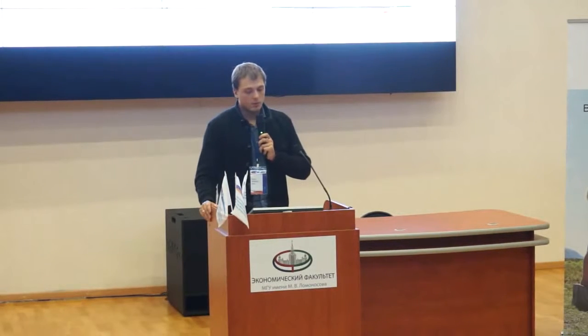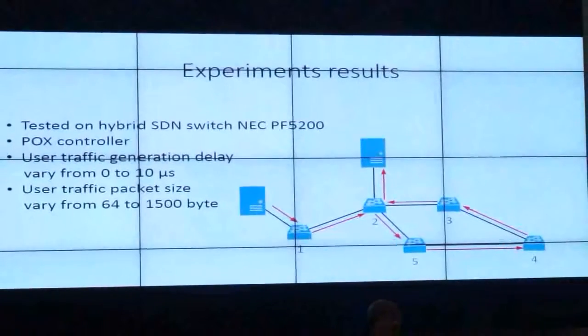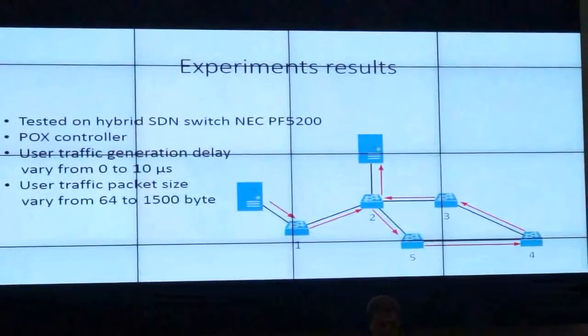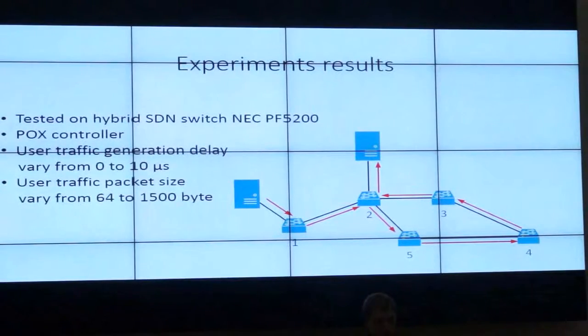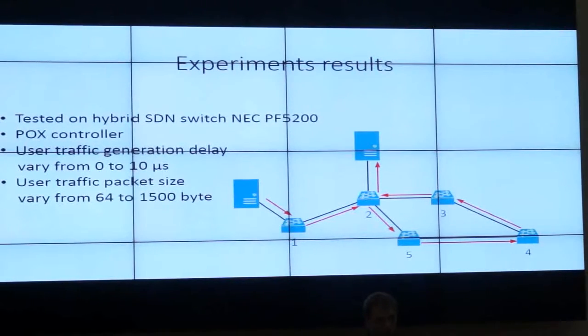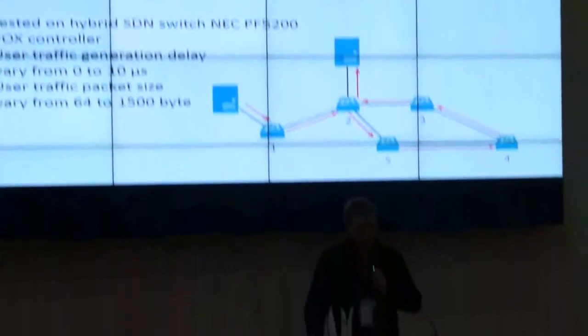So now some experiment results. We tested the loop-based method with the weighted method of round-trip time separation to construct the delay map for the shown topology. We created the topology on a hybrid switch and used a POX controller to install all the rules in the network. In order to check method accuracy and dependence on network load, we generated additional traffic through the specified route.